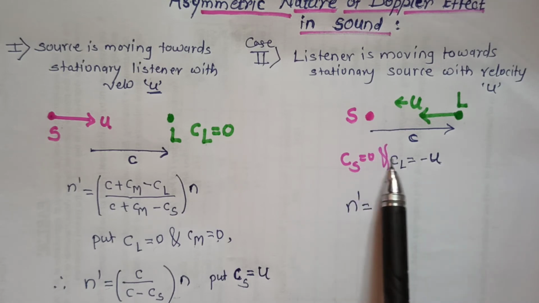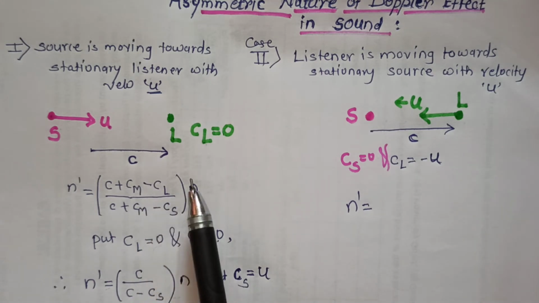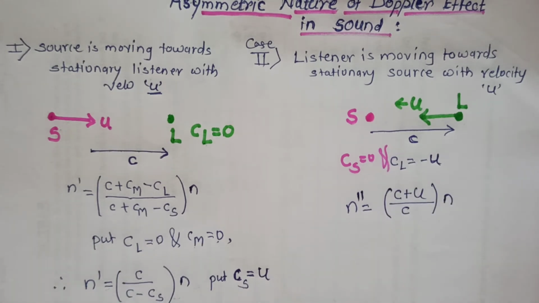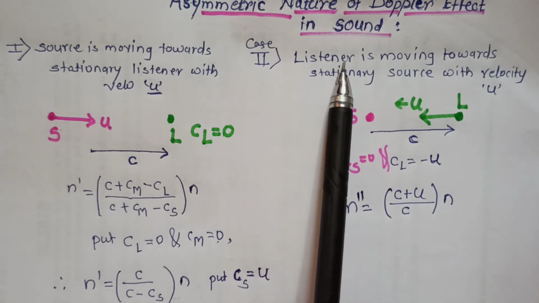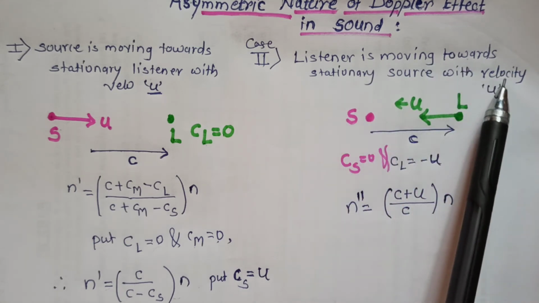Put these values in the apparent frequency equation, with the medium considered stationary. Then we get n double dash is equal to (C plus u) upon C into n. This is the apparent frequency in case second, that is, listener is moving towards stationary source with velocity u.